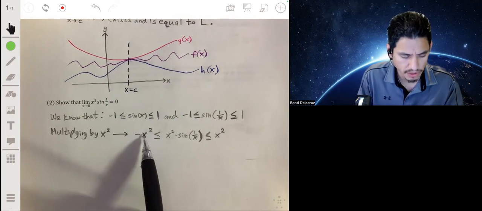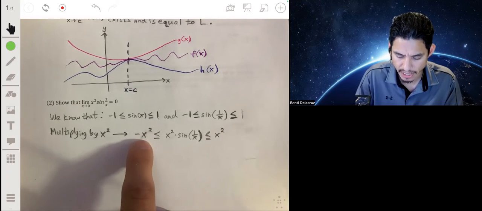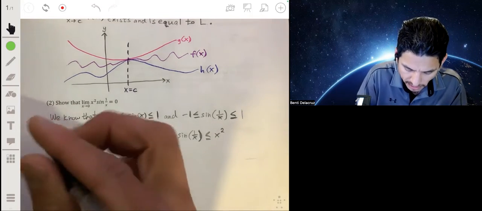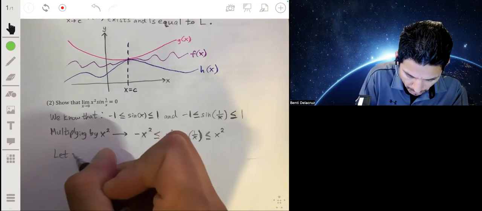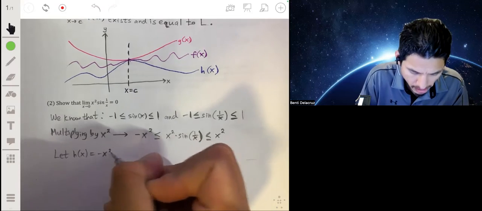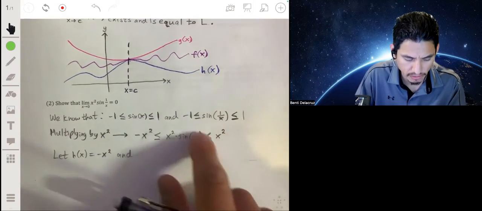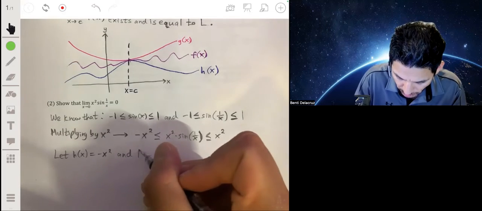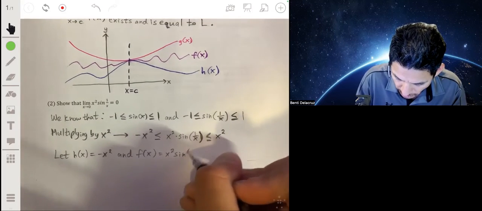Now, what we're going to do is make h of x equal to negative x squared. And f of x will be this in the middle: f of x will be x squared times the sine of 1 over x.